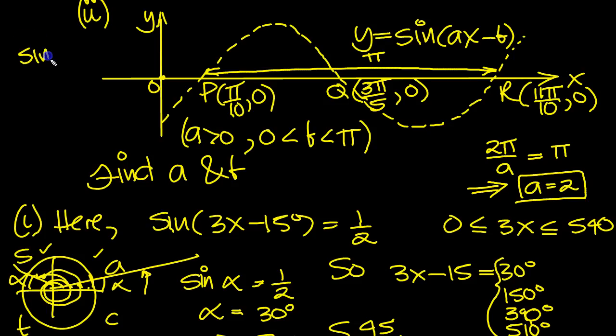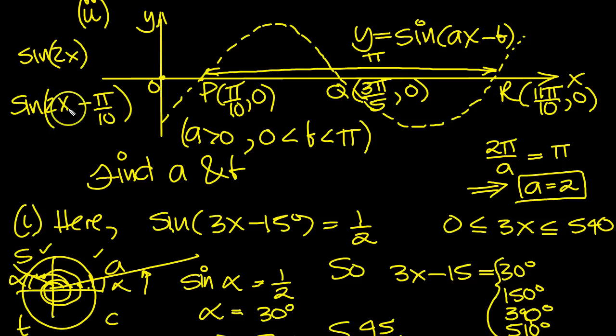So sine 2x is the original graph, and then I shift it by this much. So a is 2, and if I put b as pi over 10, let's try that: sine(2x minus pi over 10). Let's have a look at it and see if this fits. I think that's the best way to look at this picture.